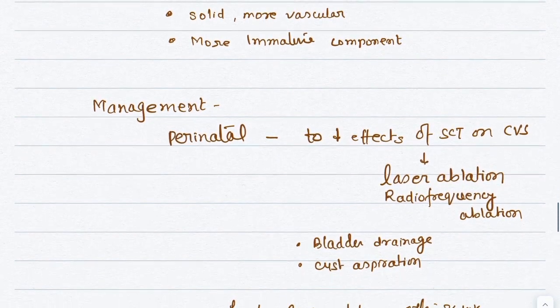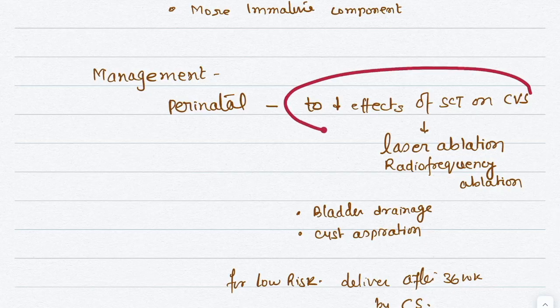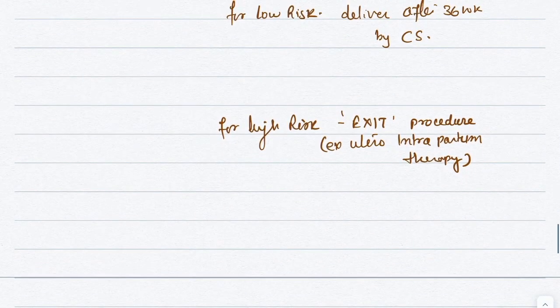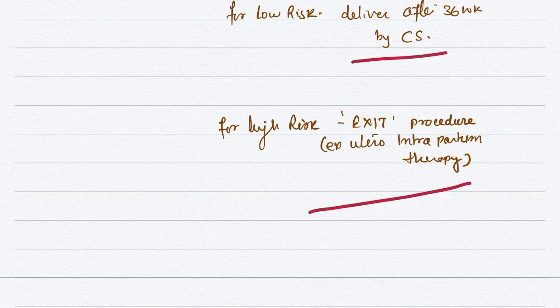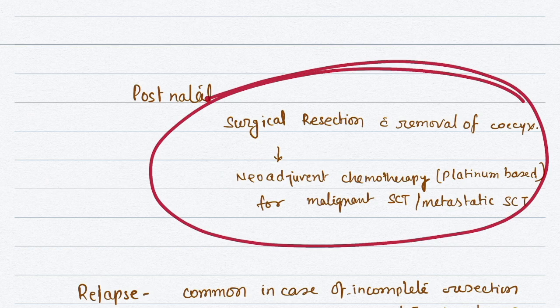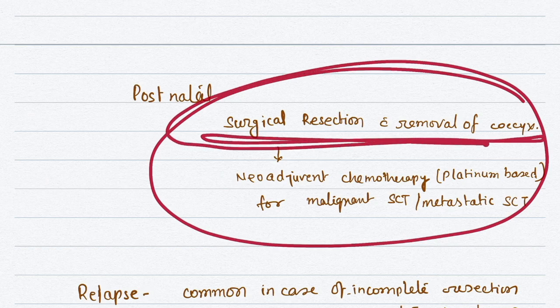So a complete resection, which includes initially the perinatal management with minimally invasive surgeries, can be done, and early delivery, EXIT procedure can be used. Postnatally, a complete surgical resection with removal of the coccyx is the mainstay of therapy.